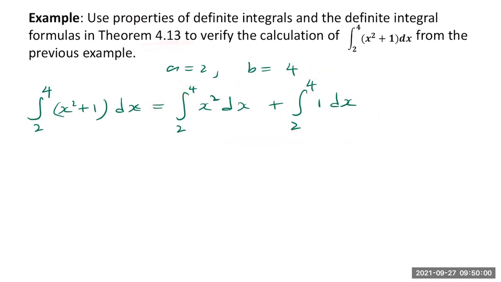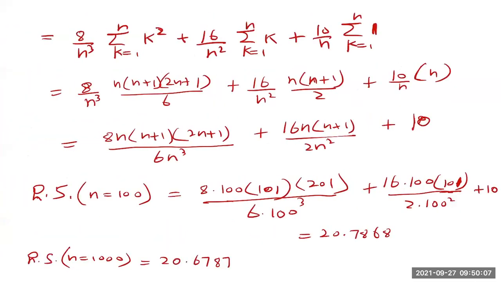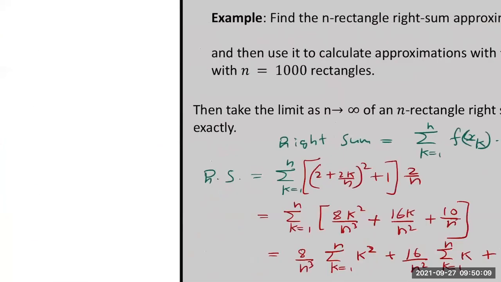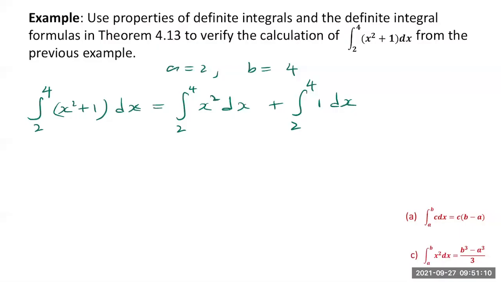In theorem 4.13, we can find the definite integral for this expression using this formula. Let me copy that formula over there. All right, I copied down those formulas over here. We know that the definite integral from a to b of x squared dx is equal to b cubed minus a cubed divided by 3.